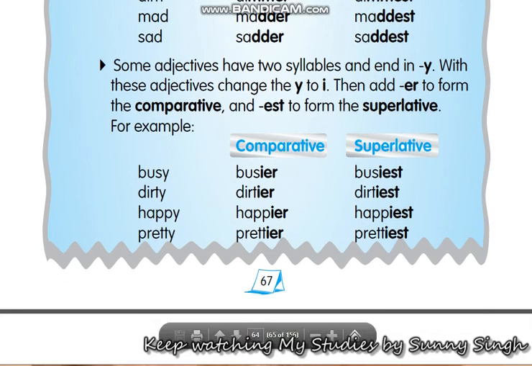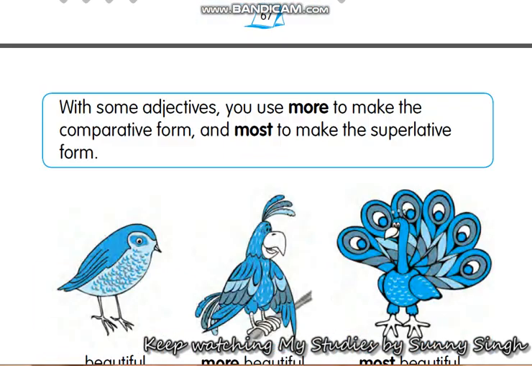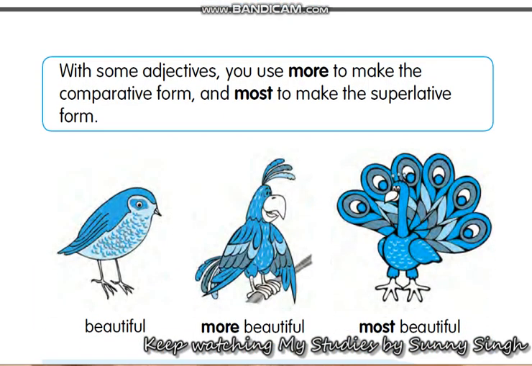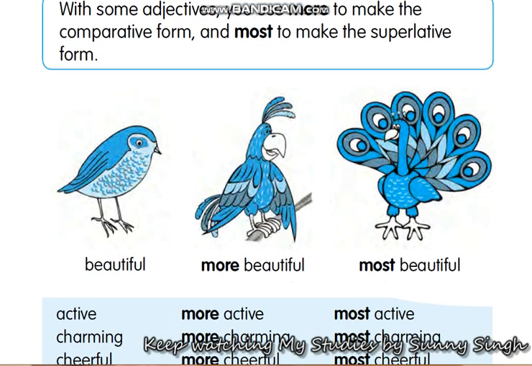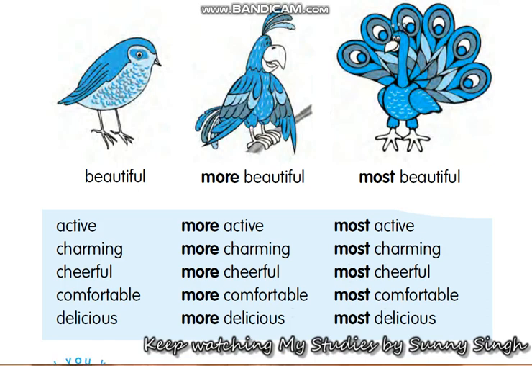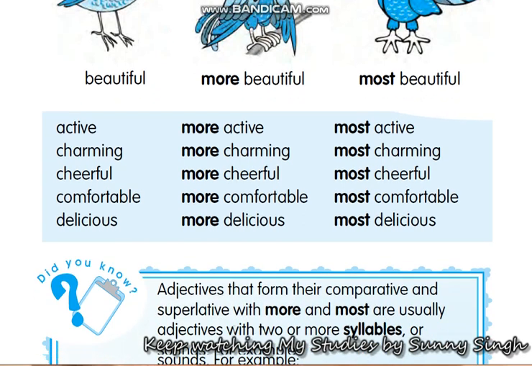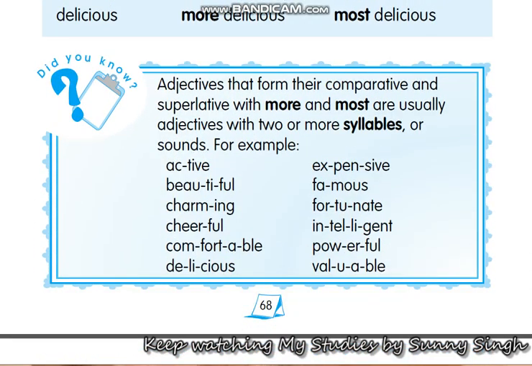In the next rule, let's talk about words of more than one syllable. When the words are of two or three syllables, for comparative we use more, and for superlative we use most. Like active, more active, most active; charming, more charming, most charming; comfortable, more comfortable, most comfortable.